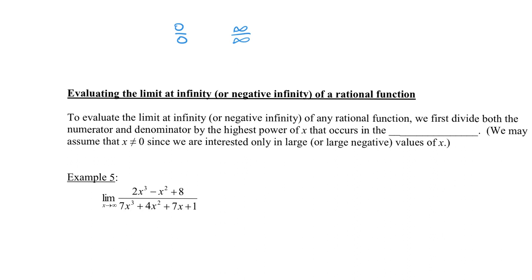So there's a technique. If you remember when we had this indeterminate form 0 over 0, there's a little process we could go through to get it out of indeterminate form. We could try factoring, or we'd look and see if there was a radical, we would multiply by a conjugate, or we could try to combine like terms. There were basically 3 techniques for dealing with this 0 over 0 indeterminate form.